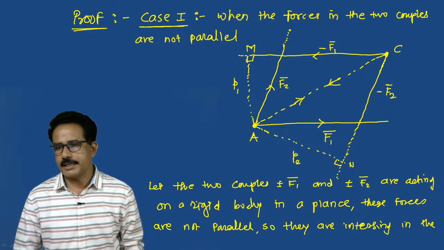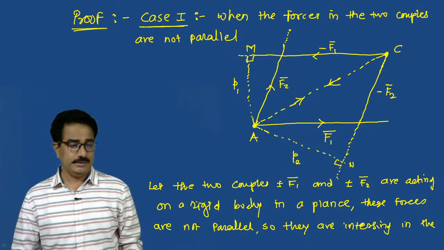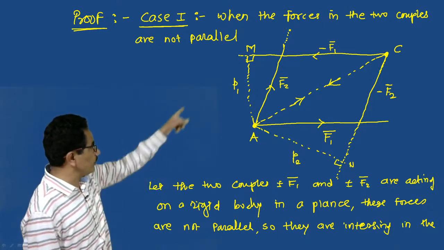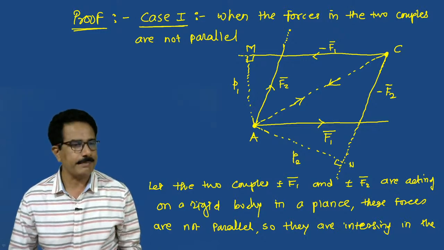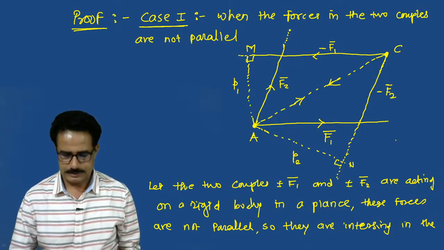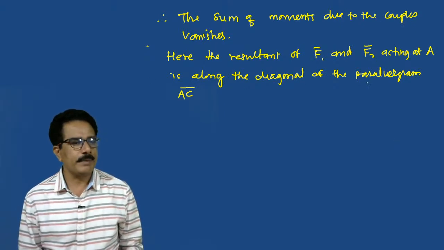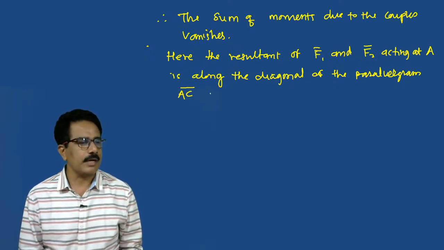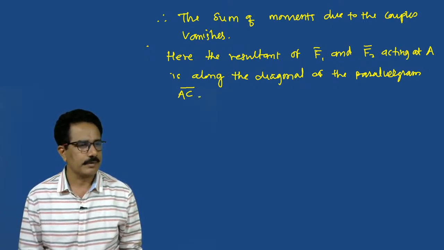The resultant of minus F1 bar and minus F2 bar is along CA of a parallelogram ABCD. See this? Diagonal of the parallelogram ABCD, AC bar.